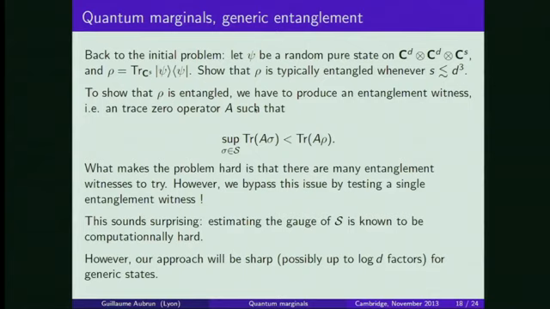But this will only work for the generic case, for generic states. This may sound surprising because it is known that estimating the gauge of S is a hard problem from the algorithmic point of view. But still, our approach will be sharp, possibly up to logarithmic factors, for generic states.